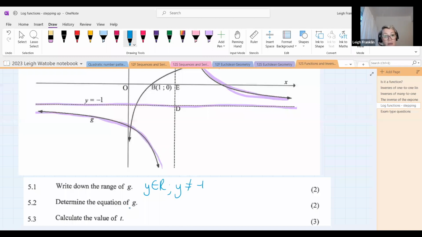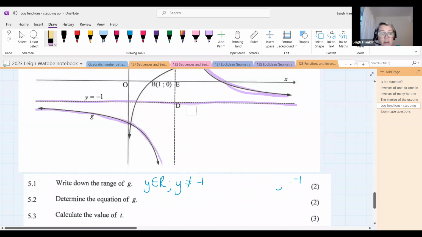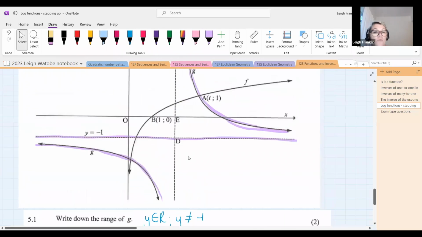The other way that you could say it is that y is greater than -1 or y is smaller than -1. That's also allowed, but it's slightly less usual. So I would definitely go with the first option.